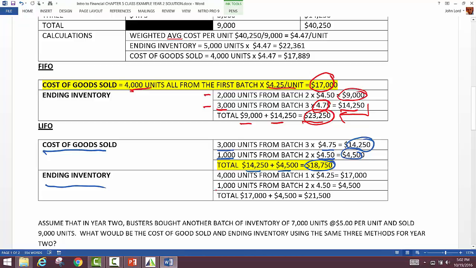We assume that there's still that 1,000 from batch 2 that were priced at $450. We extend that out. And then we've got those 4,000 down there at the bottom in batch 1 at $425. So we assume those are still in ending inventory. They're valued at $17,000, right? So to get the ending inventory, we add the $17,000 to the $4,500. There's our value of our ending inventory.